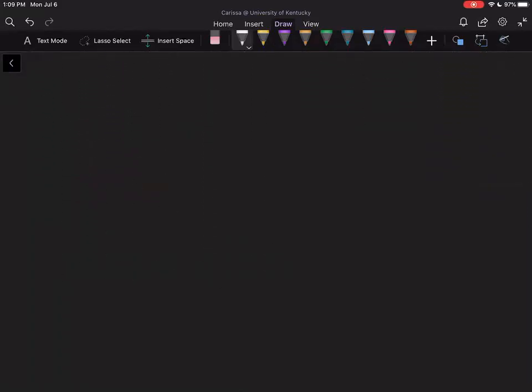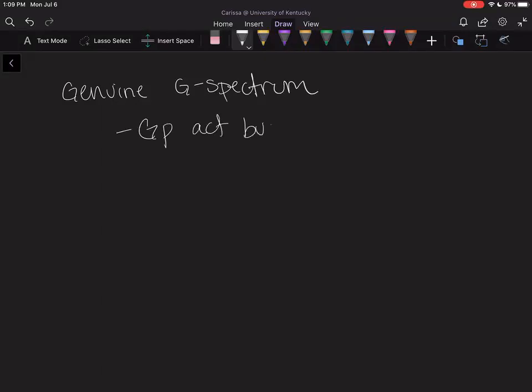All right, so the genuine G spectra that I think about all come from representation spheres. And what a genuine G spectrum is, essentially, is a spectrum with a group action built into its bones.